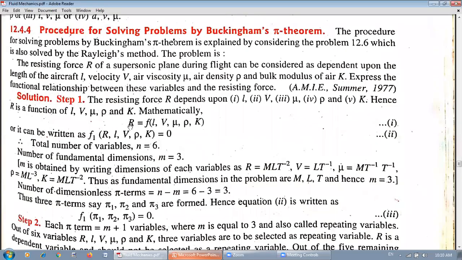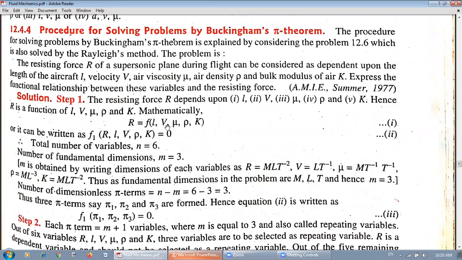Step 1: resisting force R depends upon L, V, mu, rho, K. Hence, R is a function of L, V, mu, K and rho. So the variables are 1, 2, 3, 4, 5, 6. So the total number of variables includes the dependent variable as well as the independent variables.